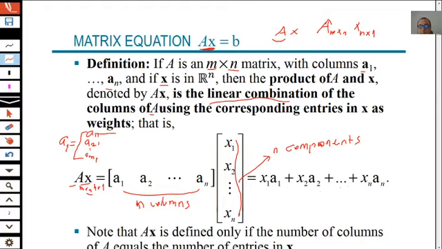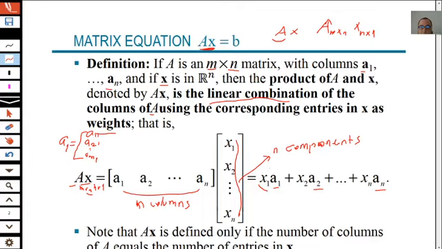And then the definition is that we write the linear combination of the vectors a1, a2, up to an, by considering the weights as the components of the vector, namely x1 times a1. x1 is a number like c1.